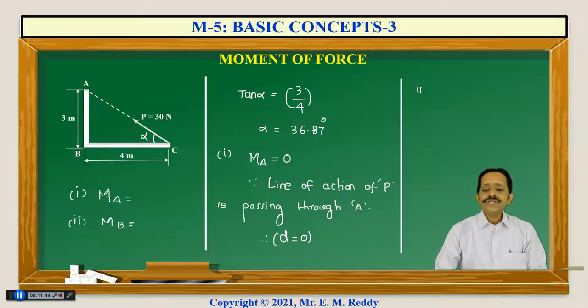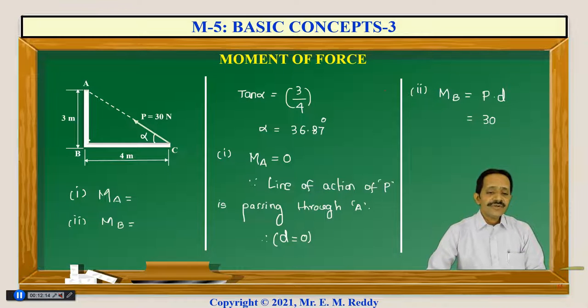Now, to calculate moment of this force P about point B. Now, what is the sense of the moment created by this force about B? So, it is anti-clockwise. So, we'll consider anti-clockwise moments as positive. So, it is the product of force and perpendicular distance. Force is 30 Newton and perpendicular distance from the line of action of the force.